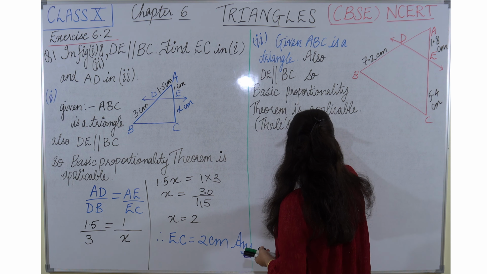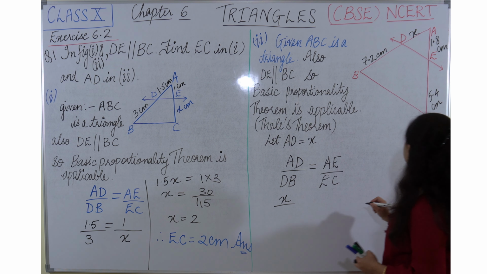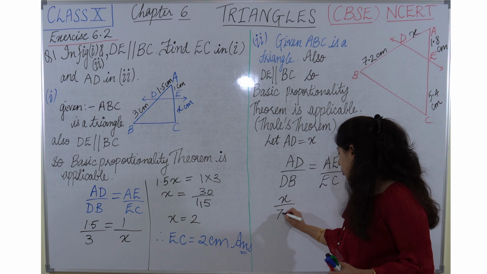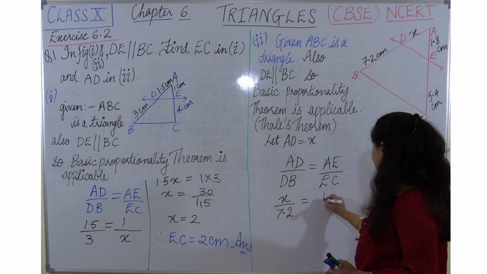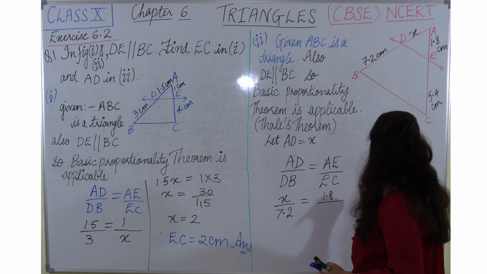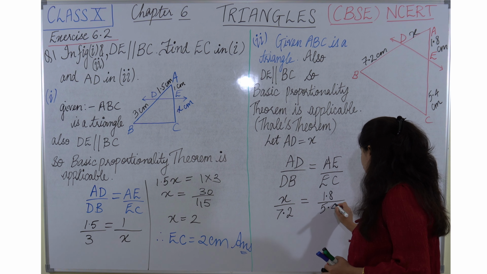According to the basic proportionality theorem, AD upon DB will be equal to AE upon EC. AD we need to find out, that is X. DB is 7.2, AE is 1.8 and EC is 5.4.